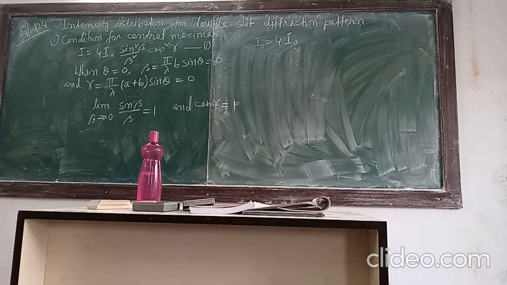Because in case of single slit, we see that the intensity of the central maximum was I equals I0. Here we get I equals 4I0. So the intensity of the central maxima for the double slit is 4 times that of the single slit.